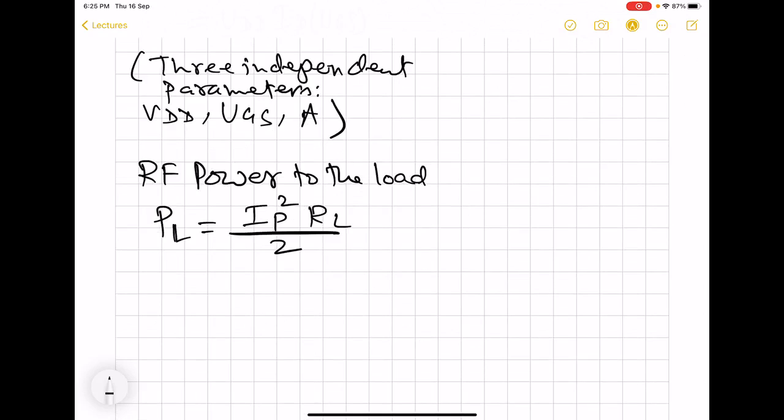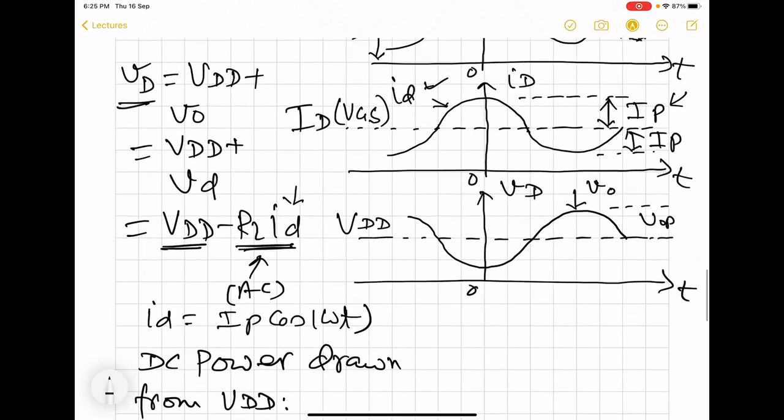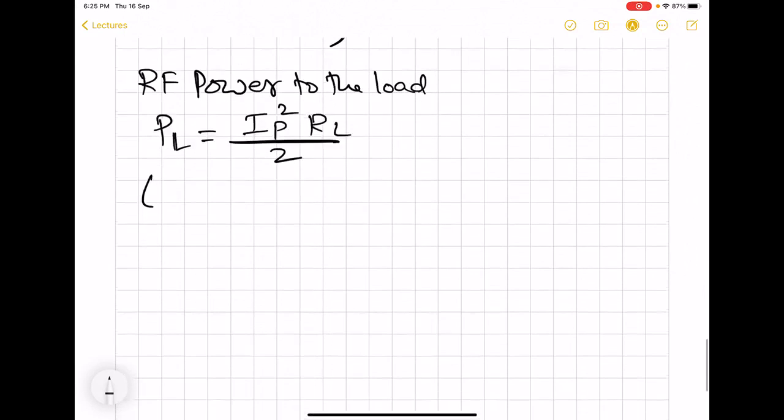And keep in mind that this IP will be related with the peak voltage. Let us call this simply VP, the amplitude of the output. And this VP and IP are going to be related via this equation. That is the load equation. So this VP is going to be minus RL IP.